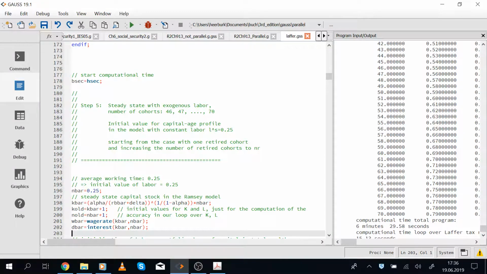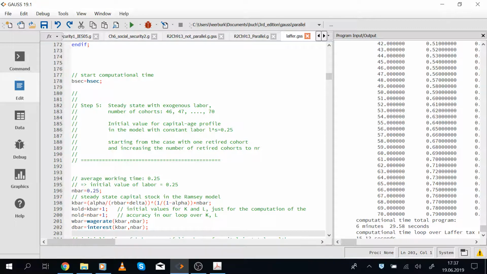We have just one cohort of retirees, which of course has only a small mass of agents in the total population, and therefore we can use the steady state capital stock in the Ramsey model as a starting value for the steady state aggregate capital stock in this overlapping generation model.